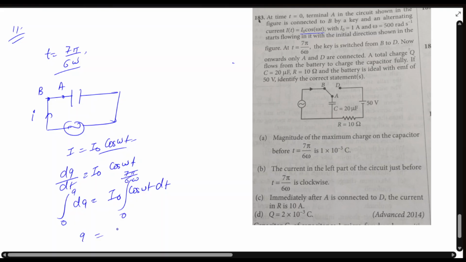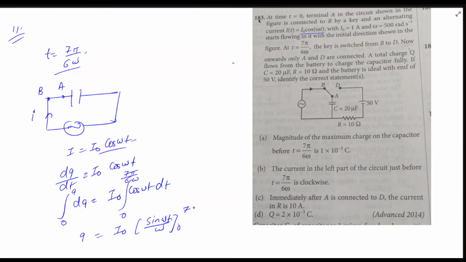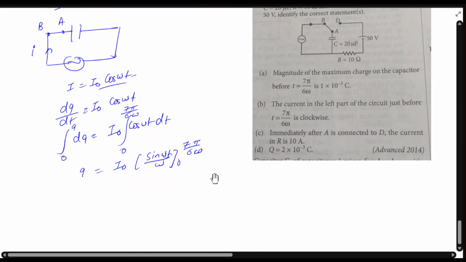So we'll get q as I naught sine omega t divided by omega from 0 to 7 pi by 6 omega. Now q will be I naught upon omega sine 7 pi by 6, you can write pi plus pi by 6. So this will be minus I naught by omega sine pi by 6, which is 1 by 2, right?